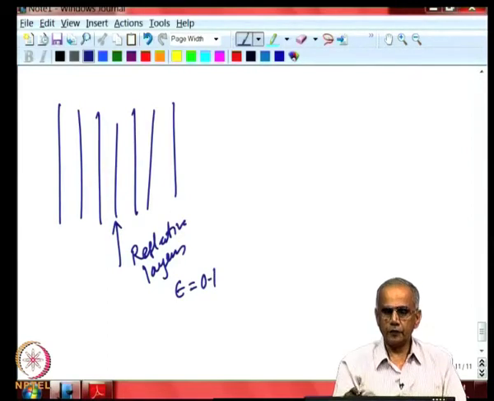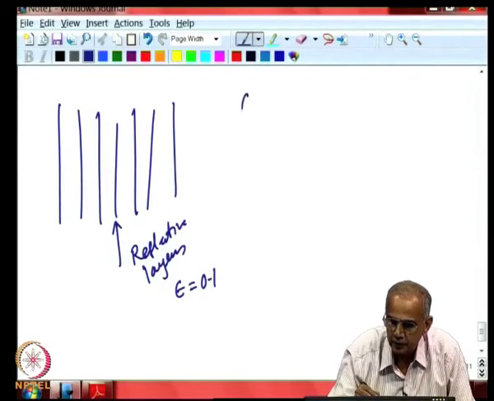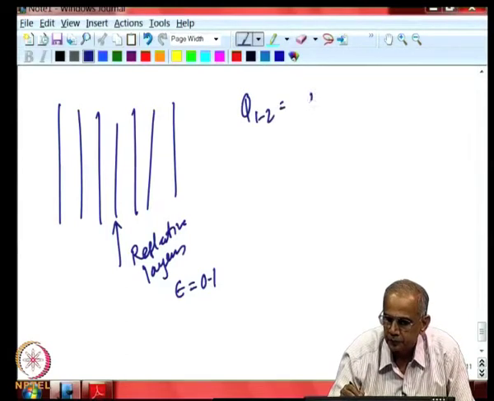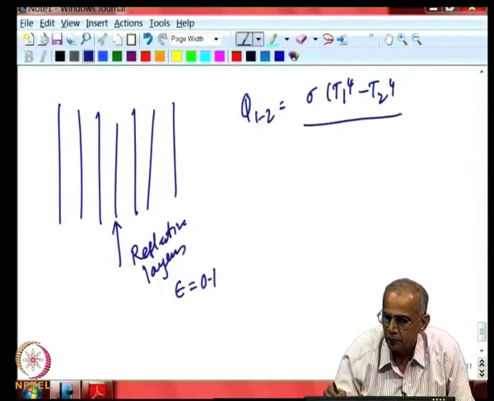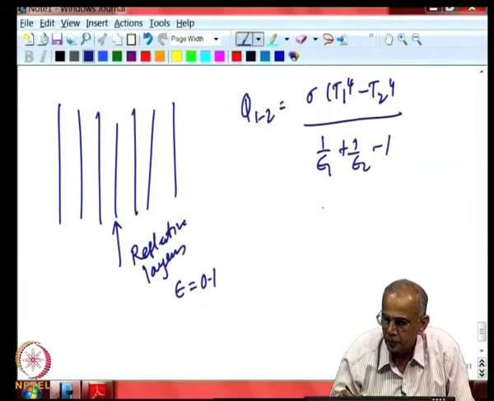So, if you just take two parallel plates, you can see that Q1 to 2 is sigma, so let us say epsilon 1 is equal to epsilon 2 equal to 0.1. So, this will be 10 plus 10, 20.